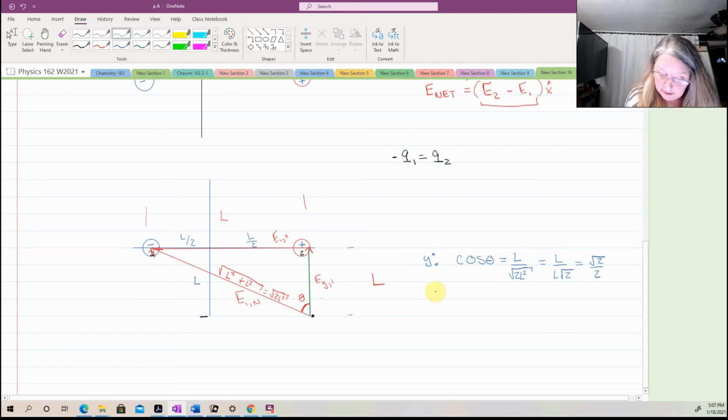Now let's take a look at our x component. Our x component then is sine. The x side is on the opposite side of this angle that I chose. So I have sine of theta equals opposite, this entire length L, over hypotenuse, L root 2.